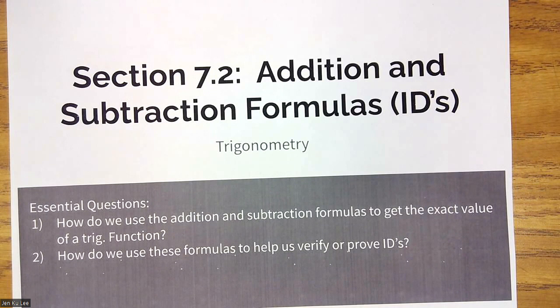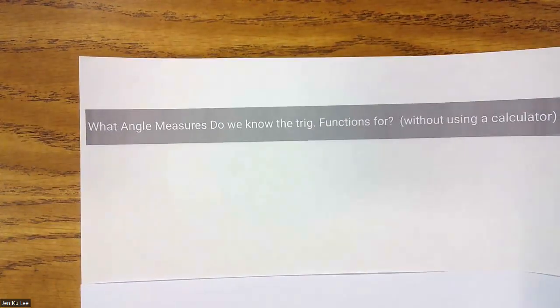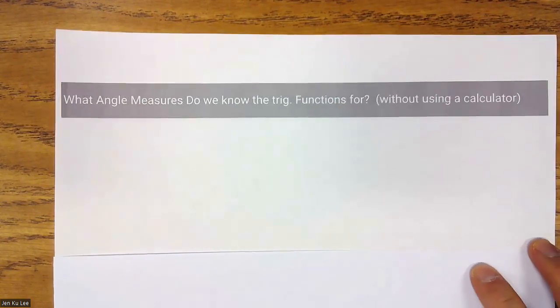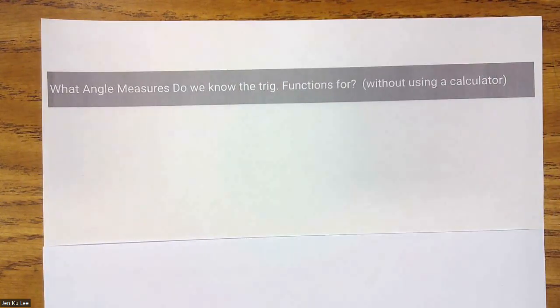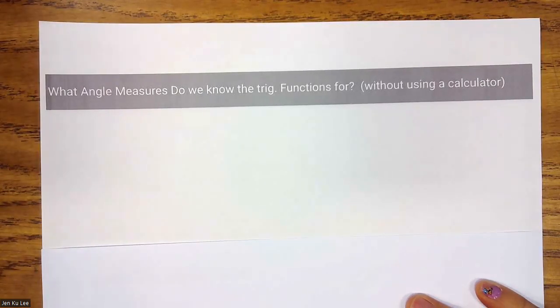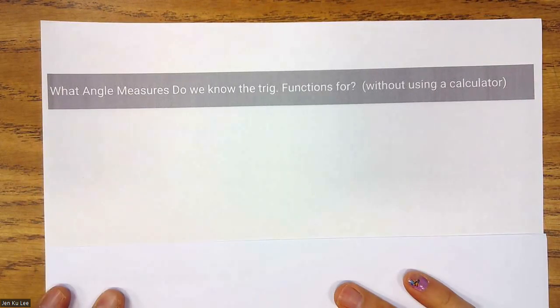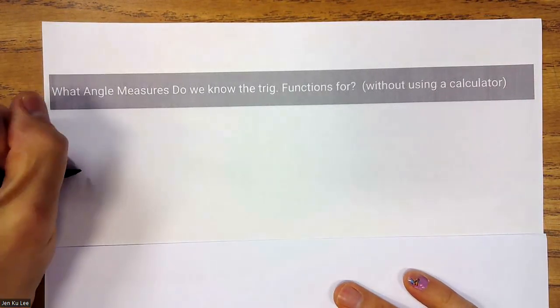Before I introduce the new formulas, I want us to make a list of what angle measures we do know the trig functions for. So without using a calculator, what angle measures do I know the trig functions for? 45 degrees, okay.